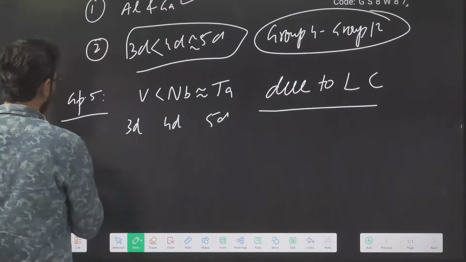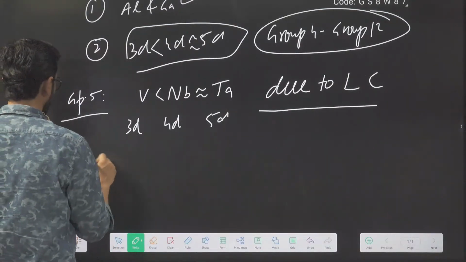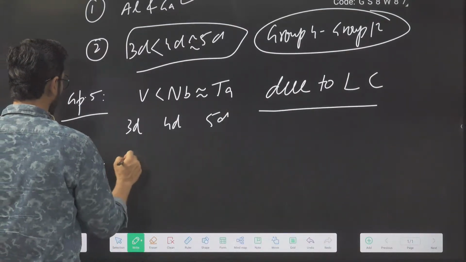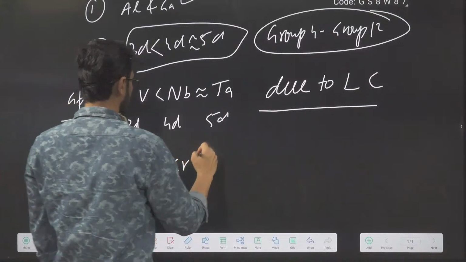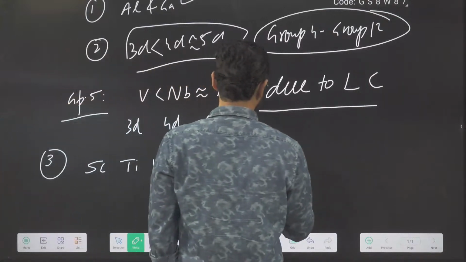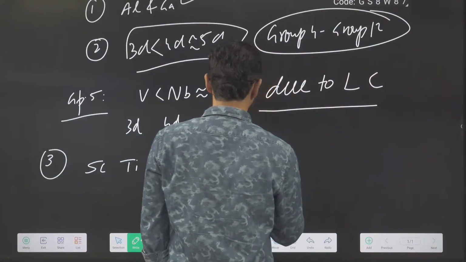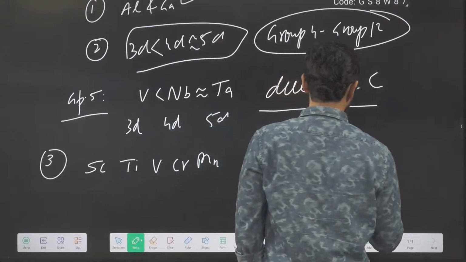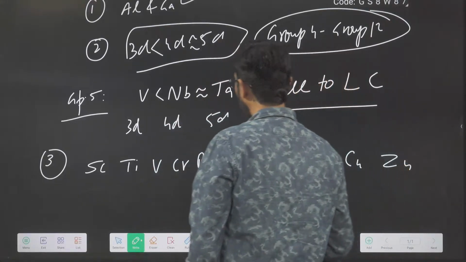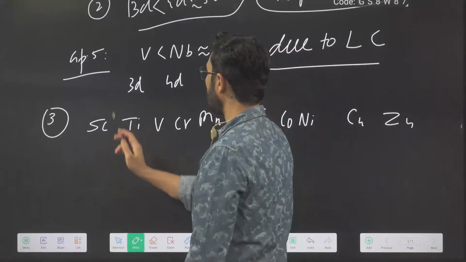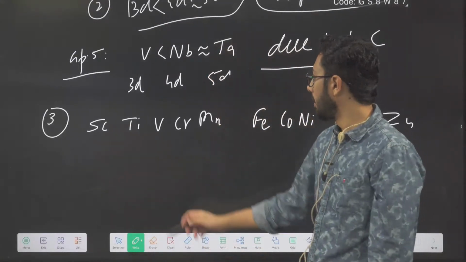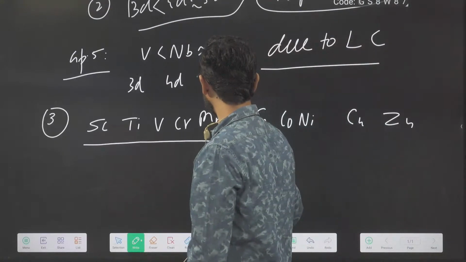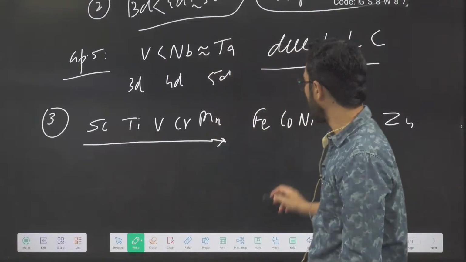Then the other example was the 3D series example. Up to this we have done, right? Initially the radius decreases almost up to chromium or Mn.